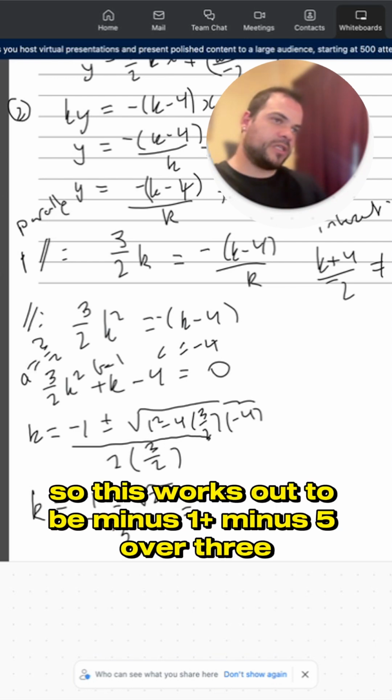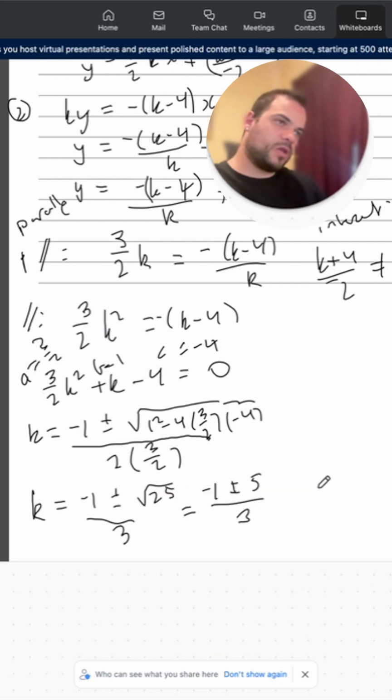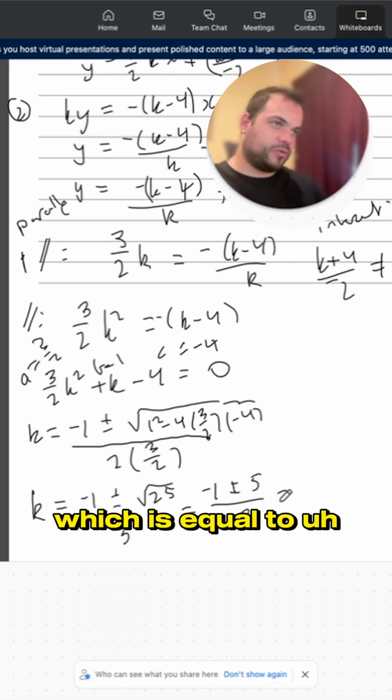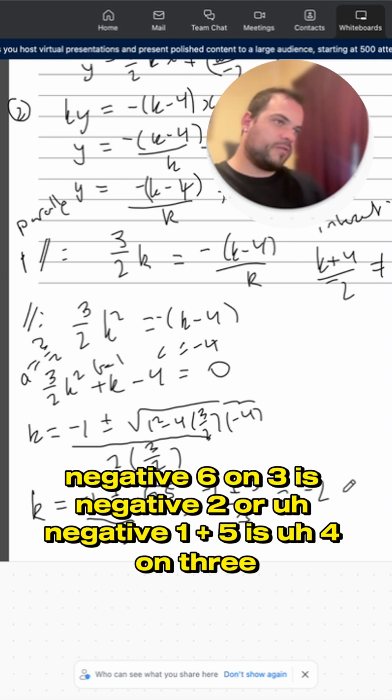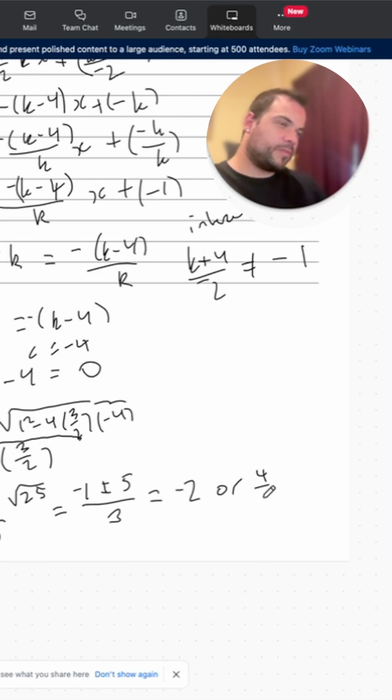So this works out to be negative 1 plus or minus 5 over 3, which is equal to negative 6/3, which is negative 2, or negative 1 plus 5 is 4/3.